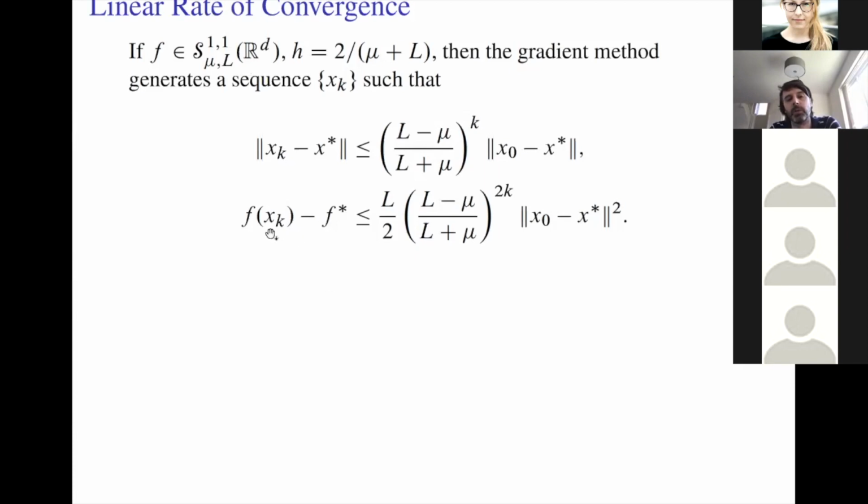The line below is saying f(xk) minus f star. f(xk) is always bigger than f star because f star is a minimizer. So we're interested in how close f(xk) is to f star. And here again, you have an exponential decrease in k of the approximation error and some extra coefficients like the L over 2 here.